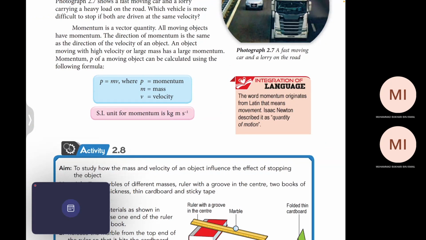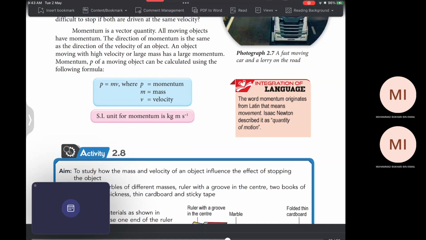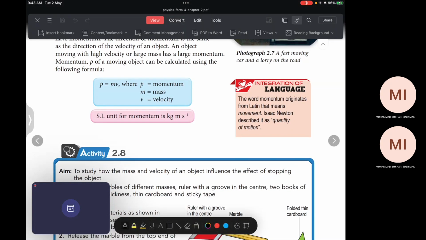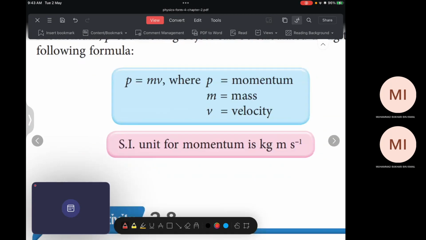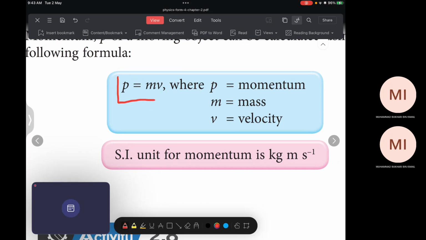Okay, sekarang kita tengok dia punya momentum. Ini dia punya formula P equals mv.